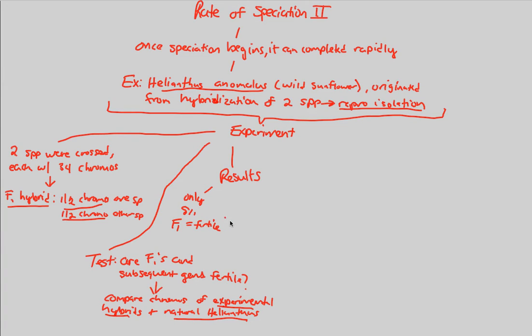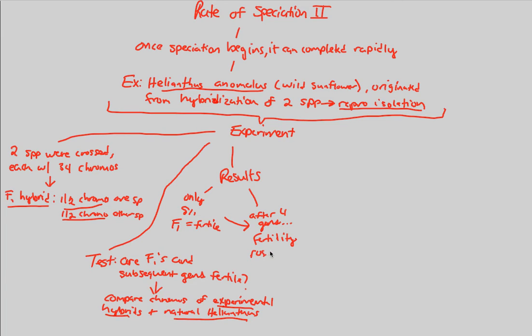But where it gets really weird is that if you let these F1 offspring continue their generations, mainly after about 4 generations, we notice something very weird. So after 4 generations, fertility actually rose to about 90%. That is a huge spike.